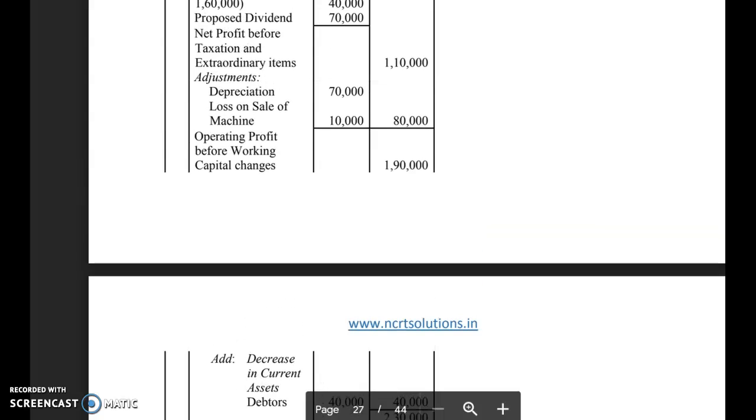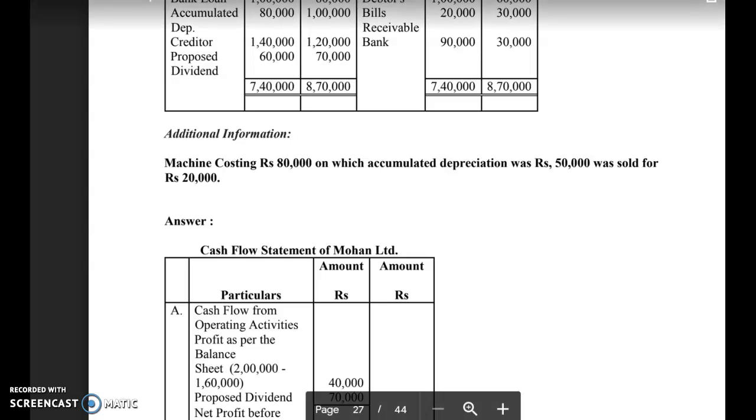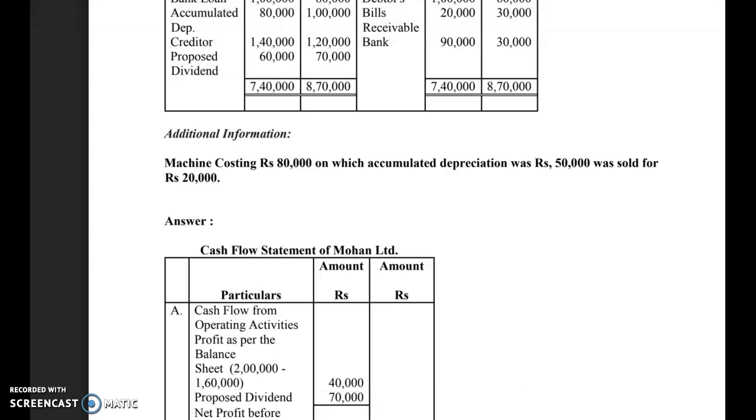After the 70,000 is added back, then comes the loss on sale of machinery, that is 10,000. How did it come? Very simply understand. The original cost of the machinery was rupees 80,000. Depreciation charged on this machinery was 50,000. So the book value of the machine as per the books was 30,000. But it is sold for rupees 20,000.